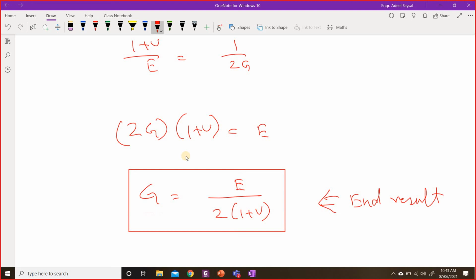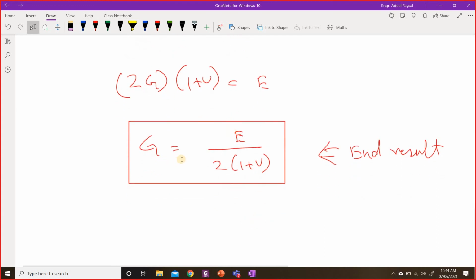So G is often determined by using E and nu, but in any case you can use this expression in any way you like: G equal to E divided by 2 times 1 plus nu. Keep in mind, G, E and nu are all material properties, so this is a material property relationship. All right, let me know if you have any question on this.